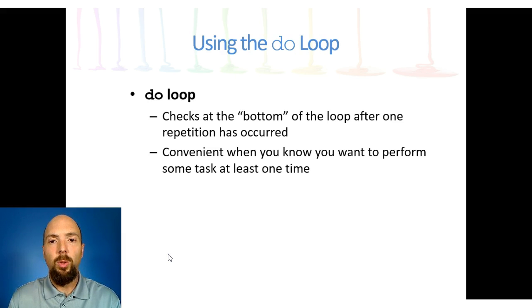Alright, we also have a do loop. Now a while loop and a do loop are almost exactly the same. The difference is a while loop says while this condition is true, then do something. Alright, so a do loop is reverse. A do loop is do this stuff first and then evaluate to see if that condition is still true afterwards.